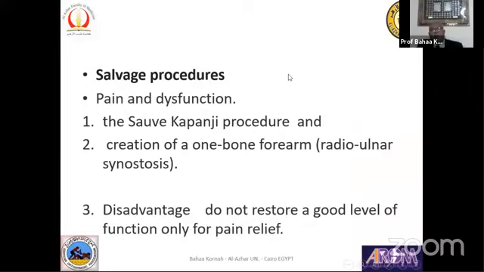What about the salvage procedure? The salvage procedure is for when there is pain and dysfunction. And this is the Kapandji procedure, as mentioned by Professor Dr. Ihab, and creation of a one-bone forearm, radio-ulnar synostosis. The disadvantage of this procedure is that it does not restore a good level of function, only pain relief.